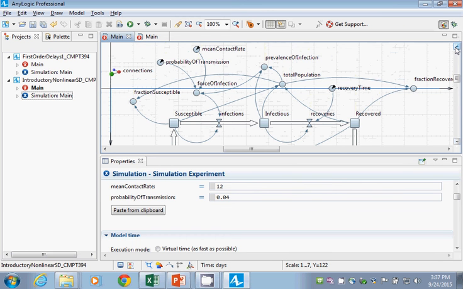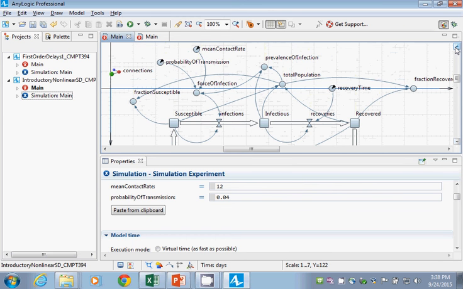Okay? Can anyone help unpack that formula so that instead of depending on these niceties like prevalence of infection and force of infection, which are really names for formulas themselves, I want to express it in terms of only two things, in terms of constants and in terms of stocks, okay?